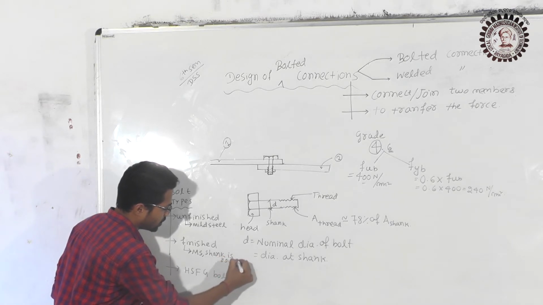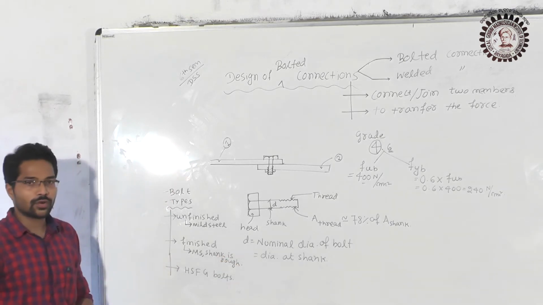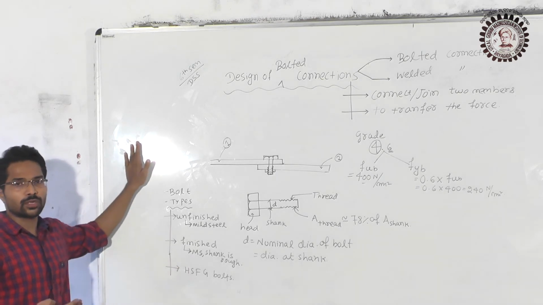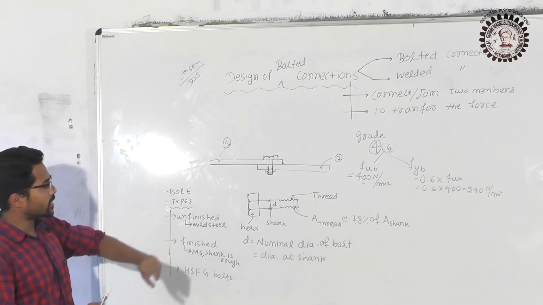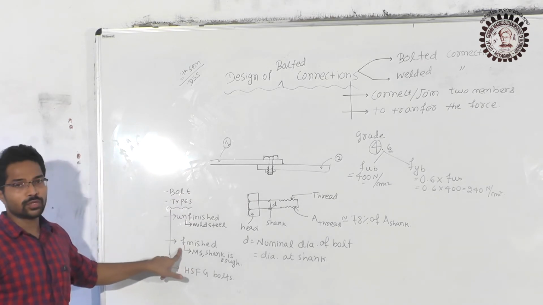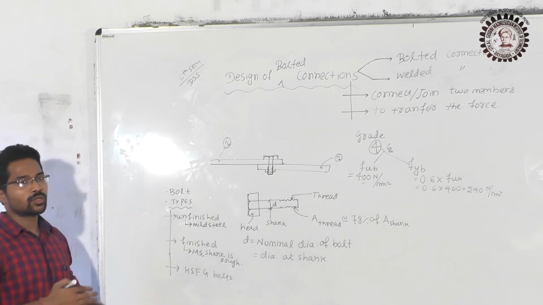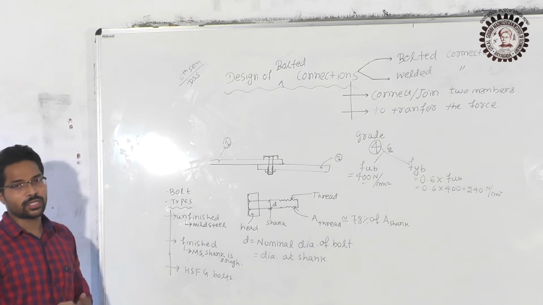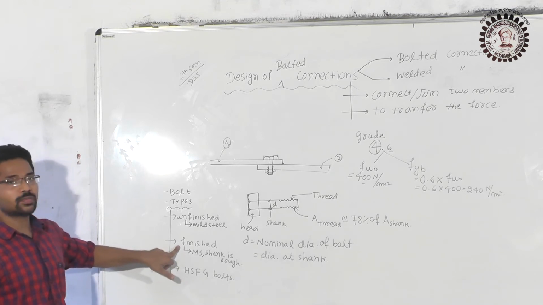So due to this roughness, obviously the friction will be more and there will be proper contact between the two plates. So these finished bolts are used where high precision is required, or in dynamic loads. When there are dynamic loads on the structure, we can use these finished bolts.